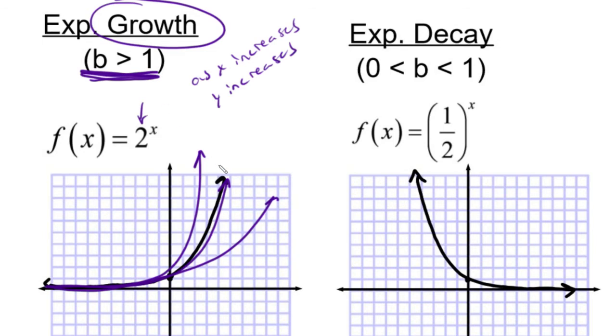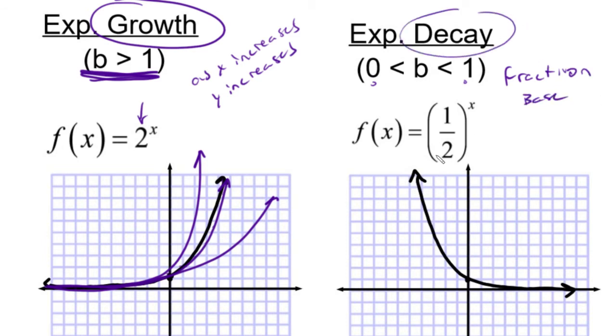As x increases, y increases. So if you look, as your x's march on to the right, your y's go up, up, up. It might look like there's not much going up here, but they are slowly rising. Then, if your base is a fraction between 0 and 1, you have a decay function.